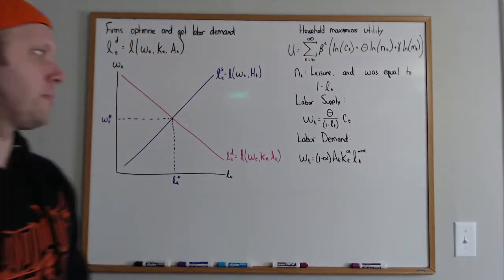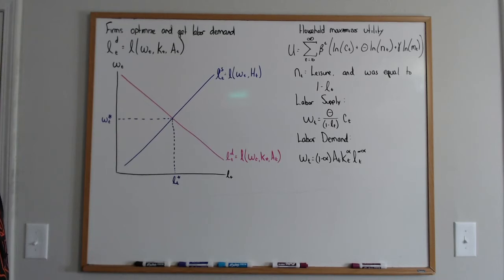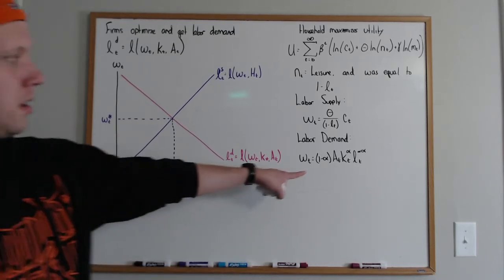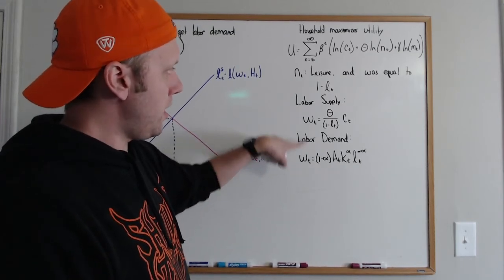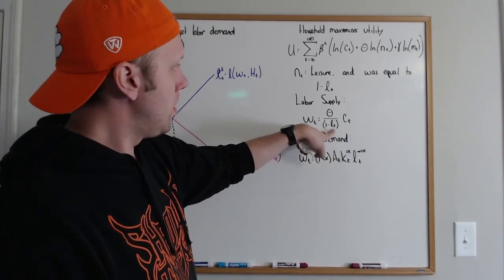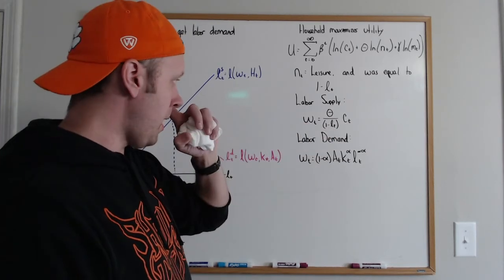Is equal to this. All right, so labor demand, the marginal product of labor, being equal to the wage rate, which is equal to the household's labor supply.